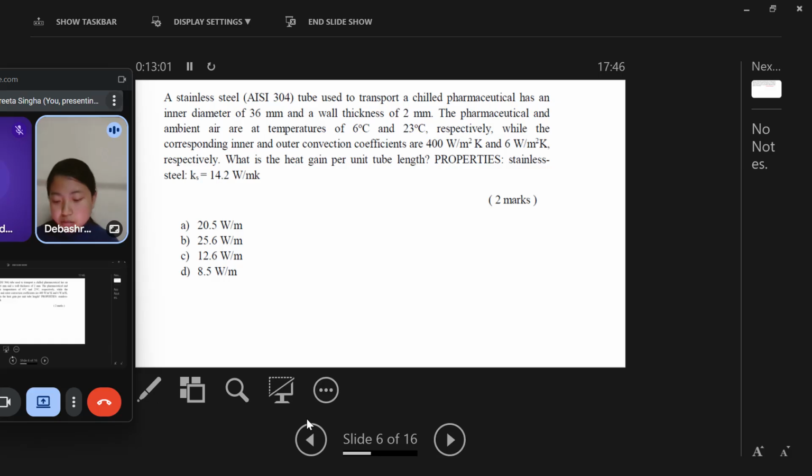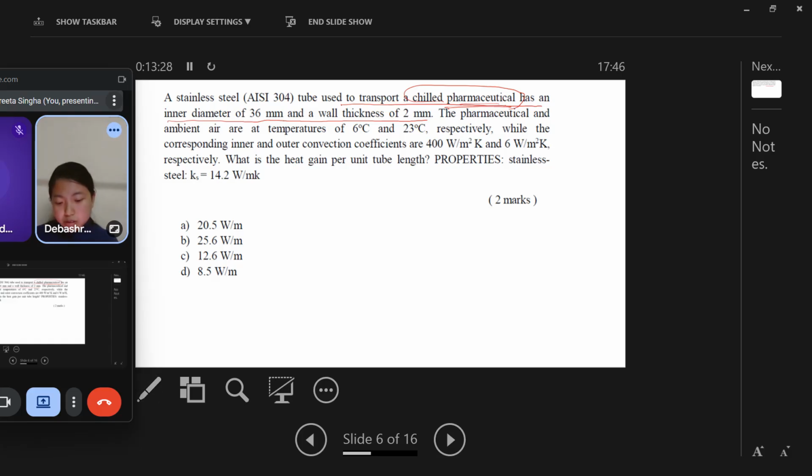So here again, a stainless steel tube is used to transport a chilled pharmaceutical, has an inner diameter of 36 millimeter and a wall thickness of 2 millimeter. In this heat transfer problem, you can see which industries this is used in: pharmaceutical industries.